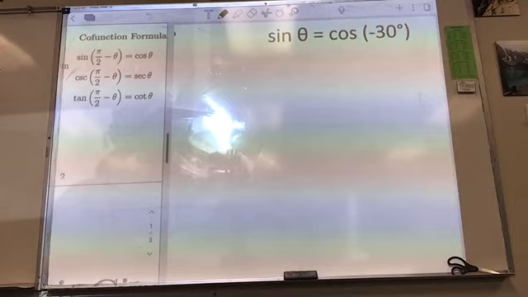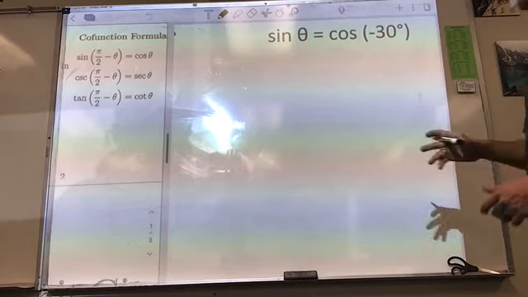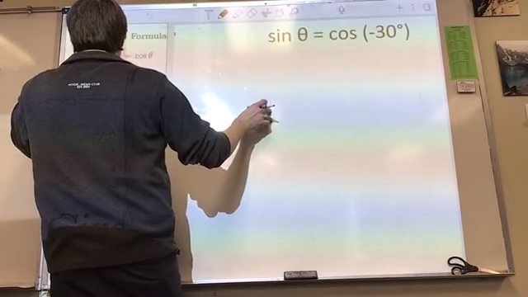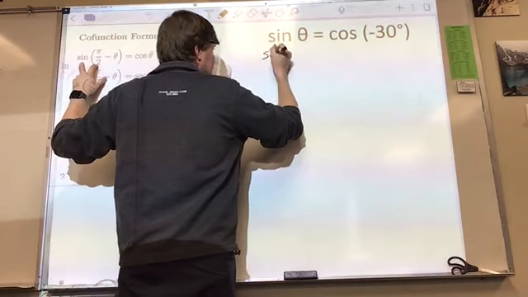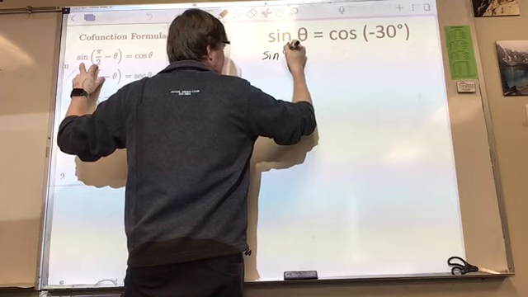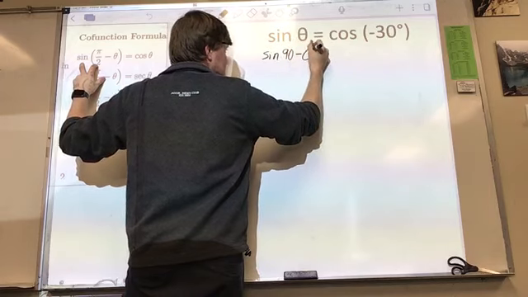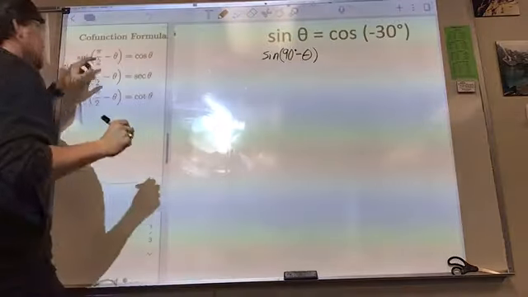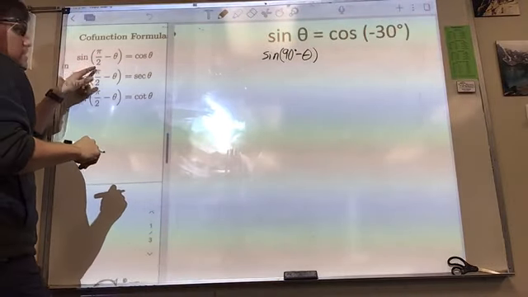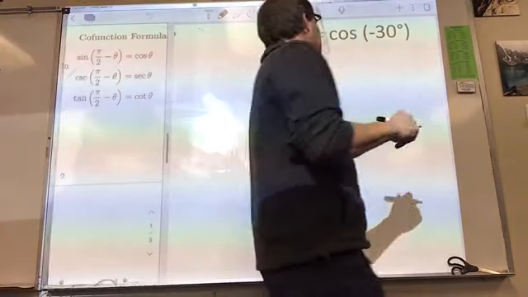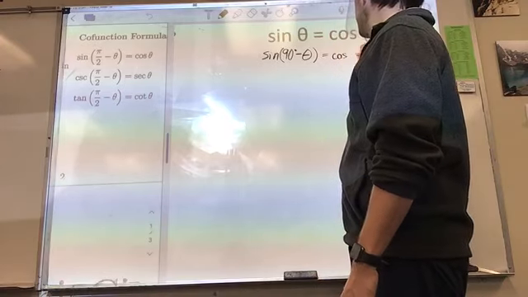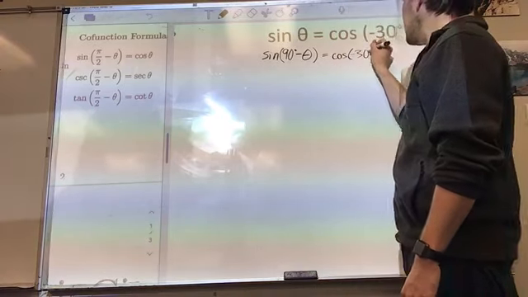But let's look at our sheet to make sure of this. So if we look at our cofunctions in the bottom right of our sheet, I got sine, cosine. So we know that sine of theta, that theta is found by doing 90 minus theta equals the cosine of negative 30.